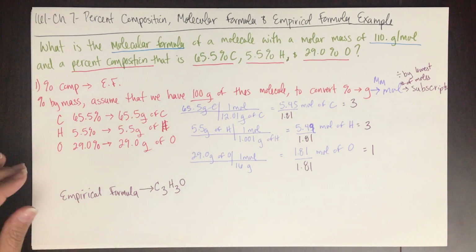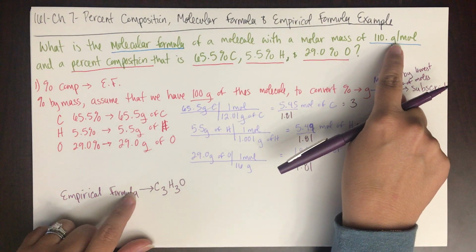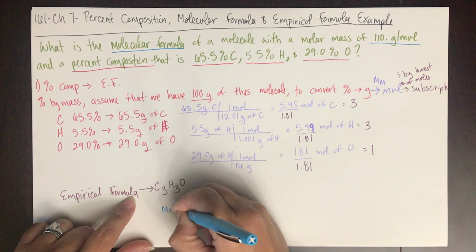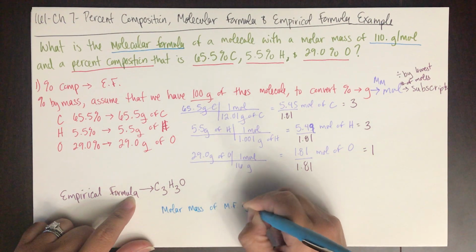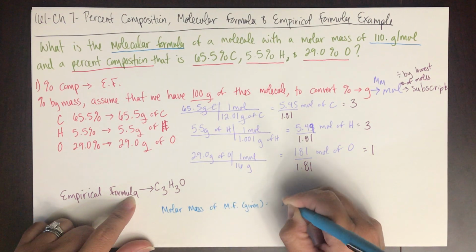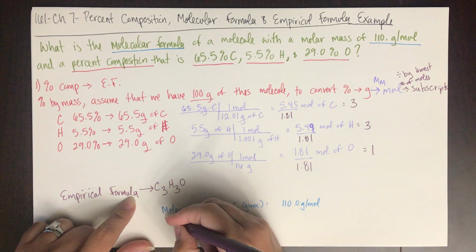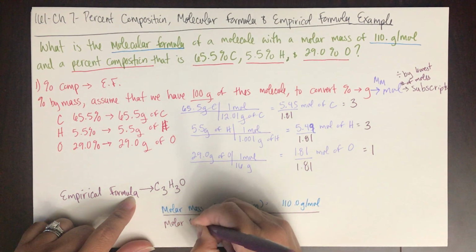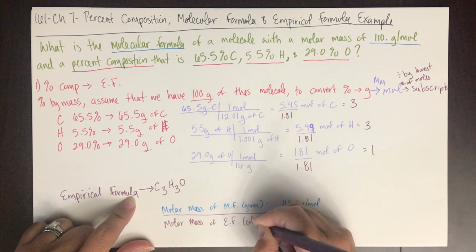So we take the molar mass of the molecular formula, which was given to us in the problem, 110.0 grams per mole, and we're going to divide that by the molar mass of the empirical formula that we calculated.